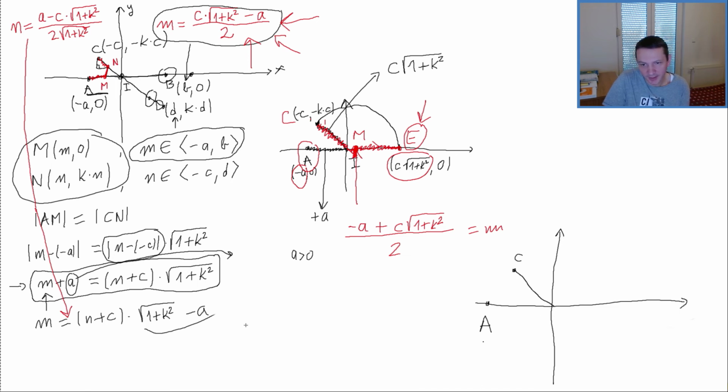Okay, and if we start with point M here and with point N here, we will have this length here. And then we approach with N here to the intersection point, and with M also to the intersection point by the same amount.